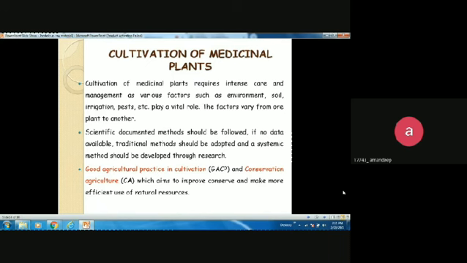If no data available, traditional methods should be adopted and a systemic method should be developed through research. Good agricultural practice in cultivation, that is GACP, and conservation agriculture, that is CA, which aims to improve, conserve, and make more efficient use of natural resources.